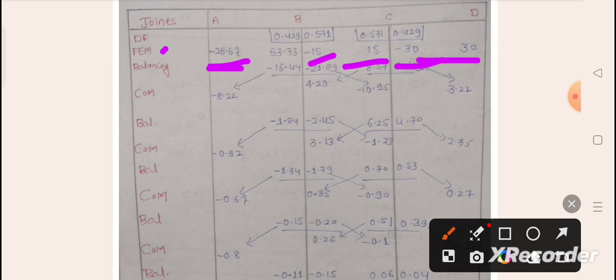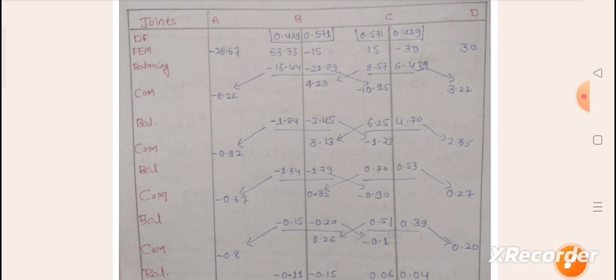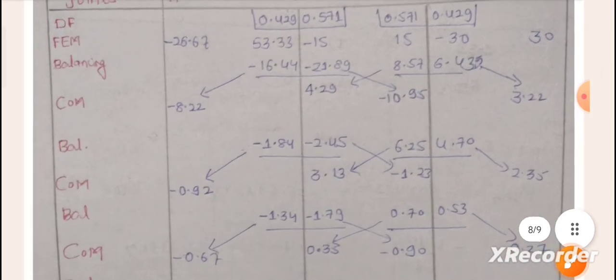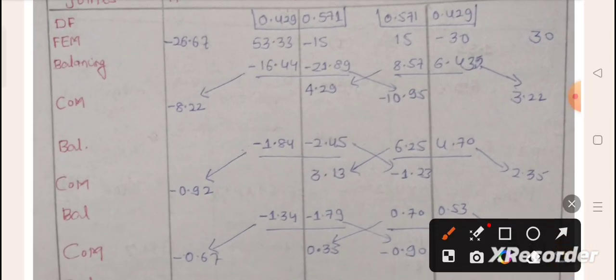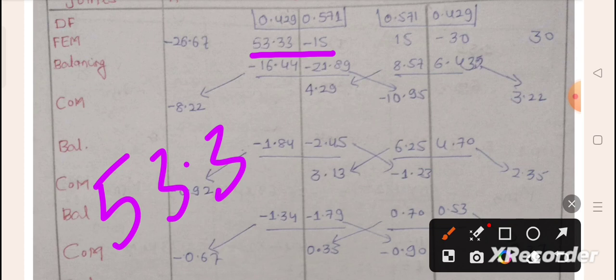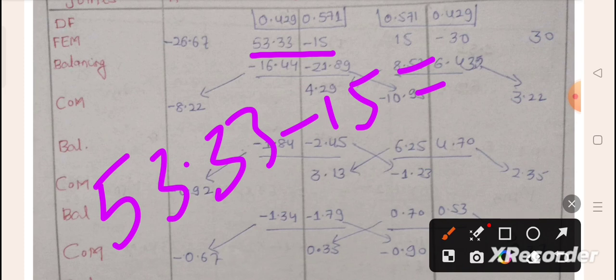After that you have to do the balancing. This is the repetitive part. Once you understand the things, the same thing will be repeated. First we do the addition of these two: 53.33 minus 15.